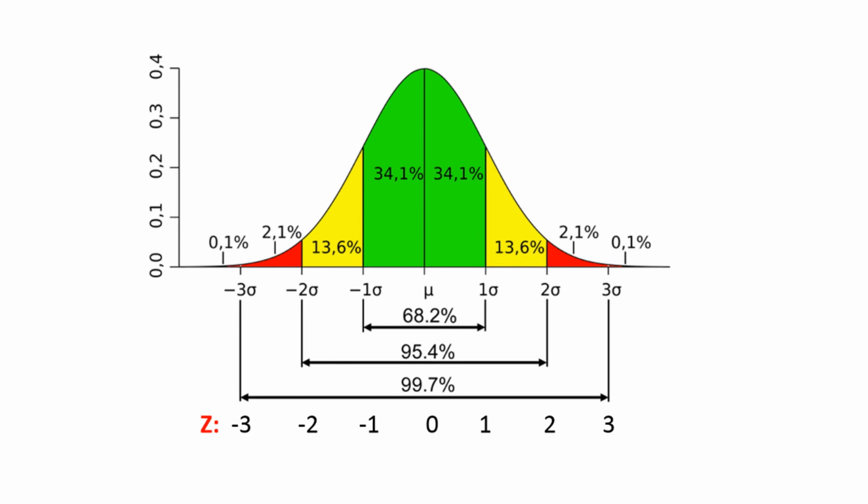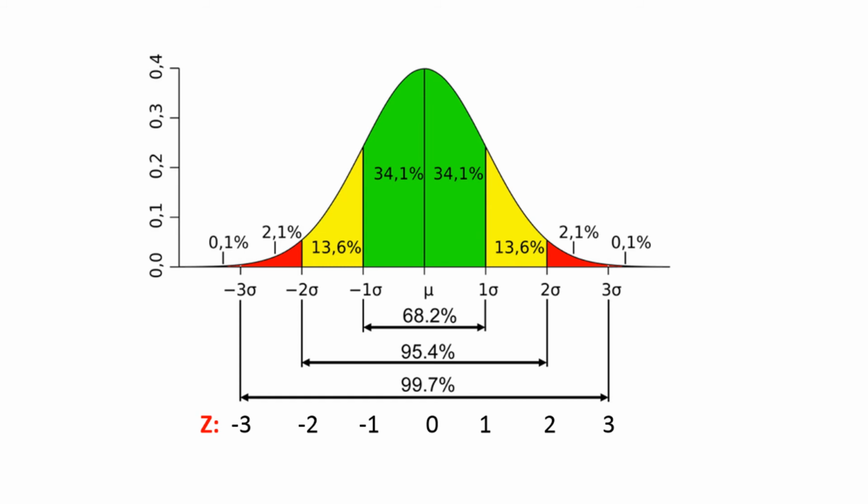So this property of the normal distribution says that 68.2 percent of the whole data would fall between -1 and +1 standard deviation from the mean.